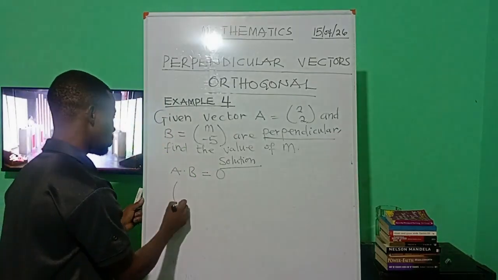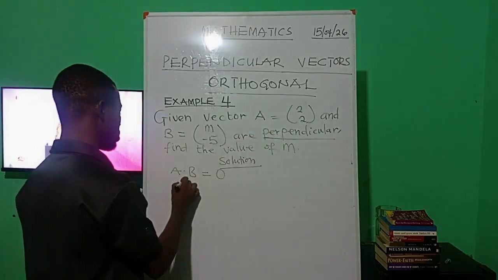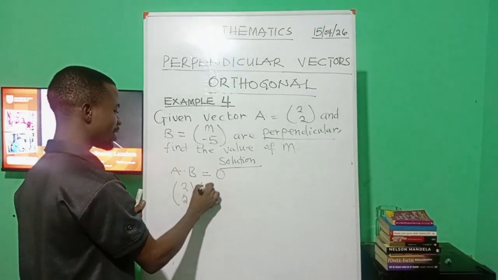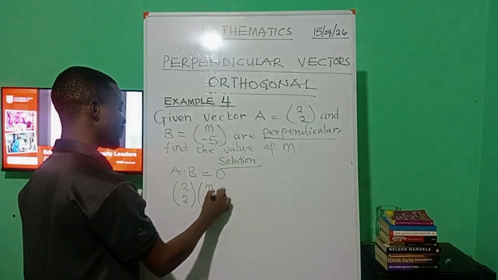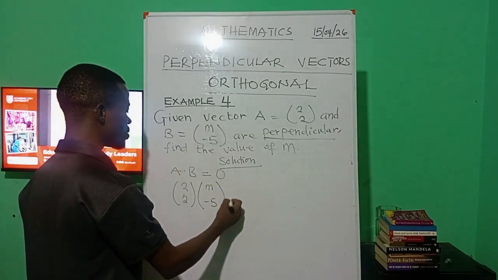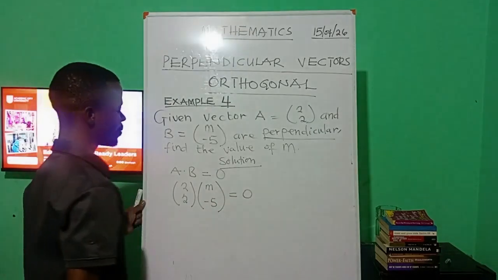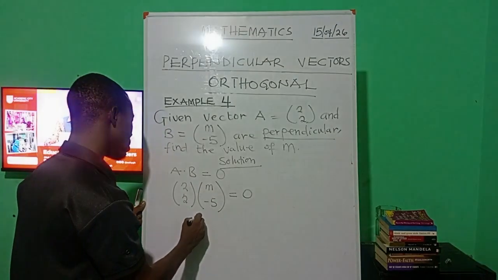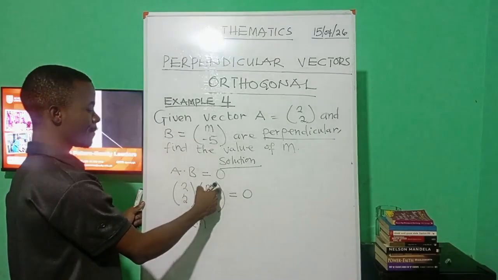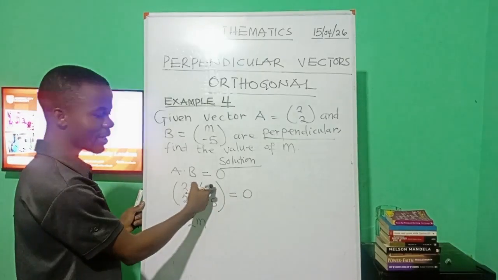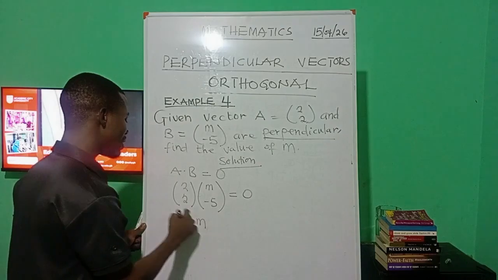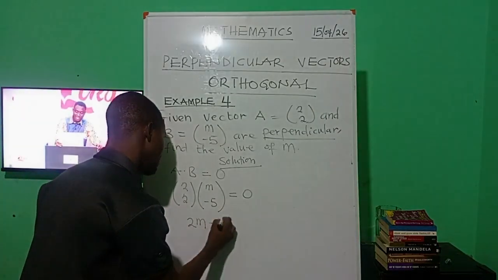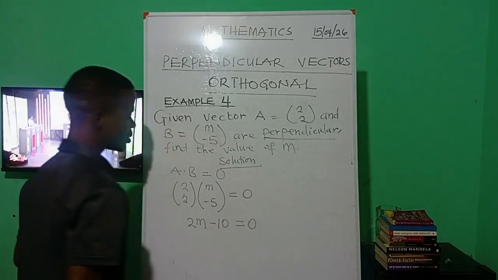Alright. So our A is 2, 2. And our B is m, negative 5. But this would give us 0. So it means that 2 times m, 2m, then 2 times negative 5, that will be negative 10, is equal to 0.